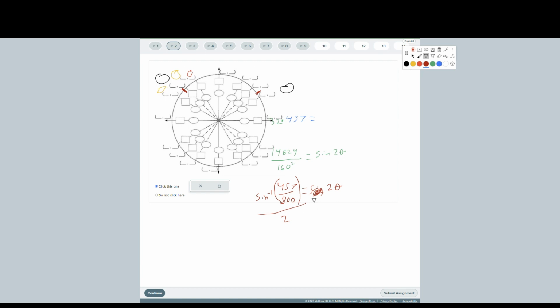So what this equation gives us is the angle off of 0. And so now what we need to find is the angle off of pi, which is going to be pi minus our equation right here. And so what we're going to do now is take the pi, subtract the arc sine of 457 over 800, and then also divide everything by 2, and that'll give us our second answer.